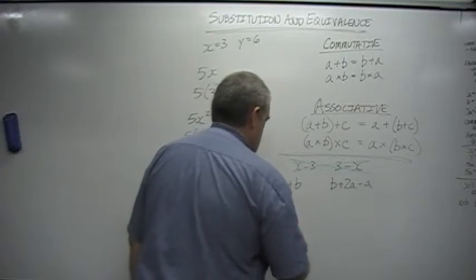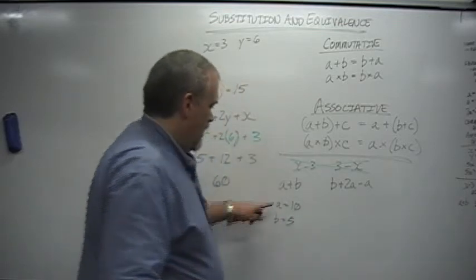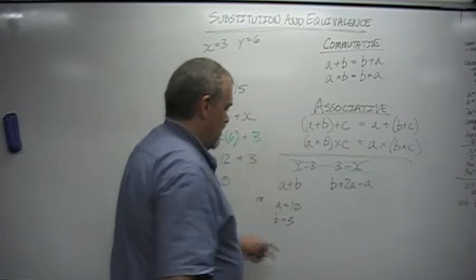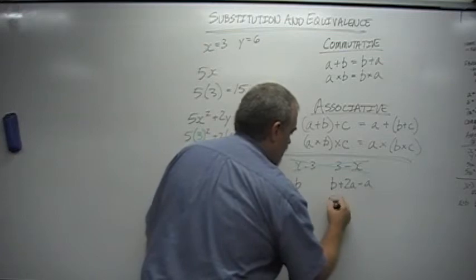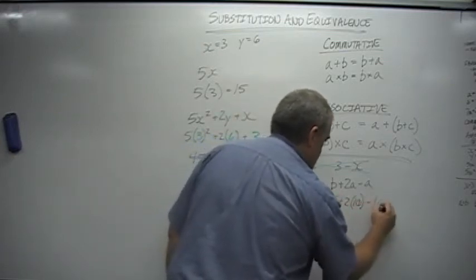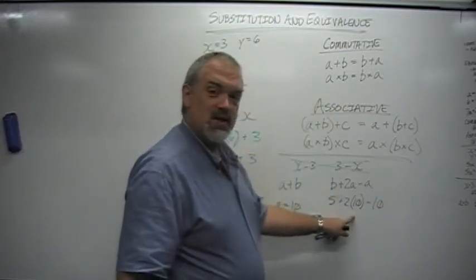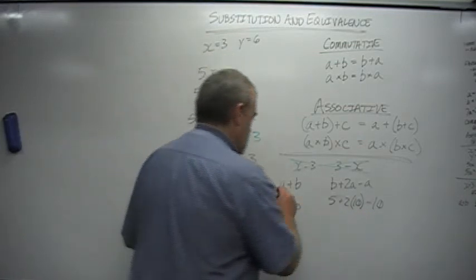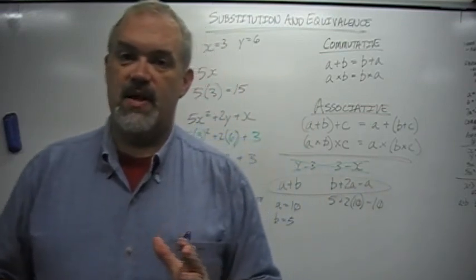Let's use 10 and 5. 10 plus 5 is 15. Over here we would have 5 plus 2 times 10 minus 10. 2 times 10 is 20, so 5 plus 20 is 25. Minus 10 is 15, which is the same thing. These two expressions are equivalent. And that is equivalence and substitution.